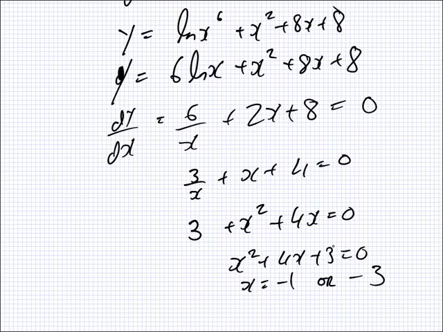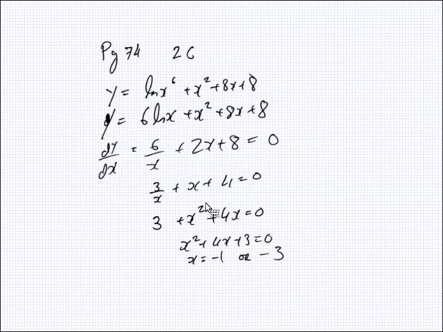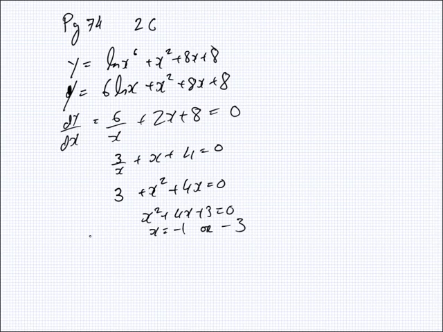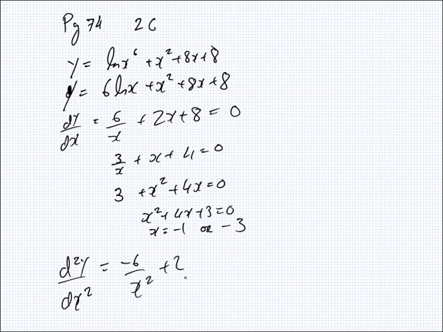Wonderful. Right. Now, we need to check which is max and which is min. So we get the second derivative now. We also need to get the y, I know. The second derivative will be minus 6 over x squared plus 2. So we'll put the minus 1 in first. It's minus 6, because 6 over x equals 6x to the minus 1.